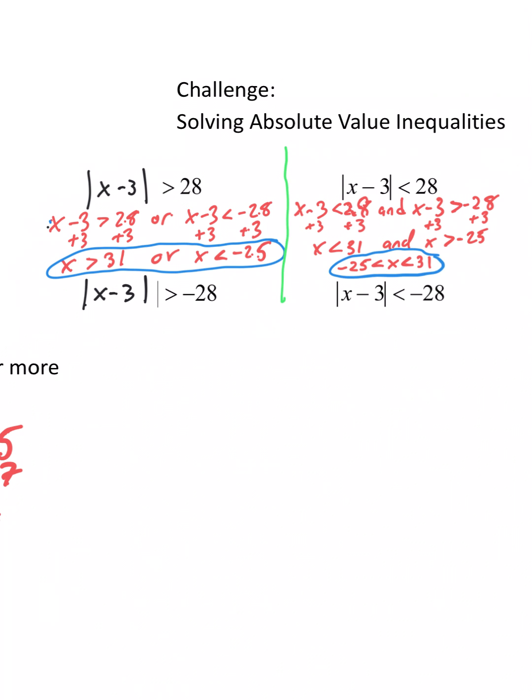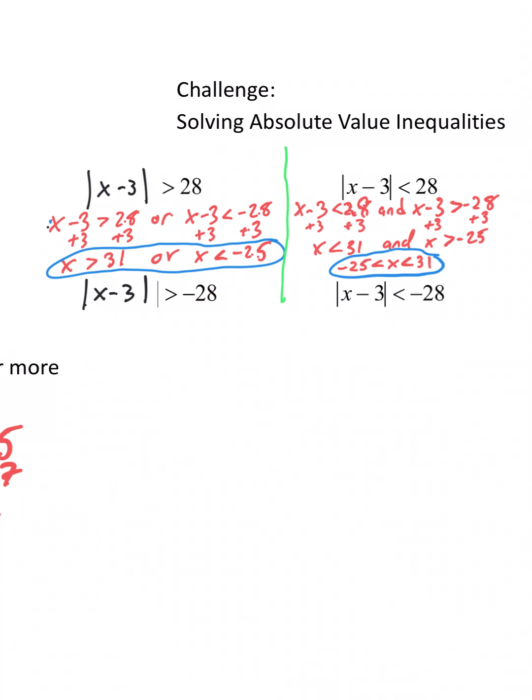All right, let's think about these things now. We're talking about this distance being greater than -28. Is a distance ever not greater than -28? So the answer to this one is actually going to be all real numbers. No matter what we put in for x, any distance is always greater than -28.